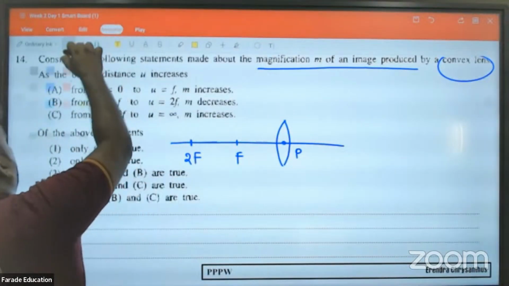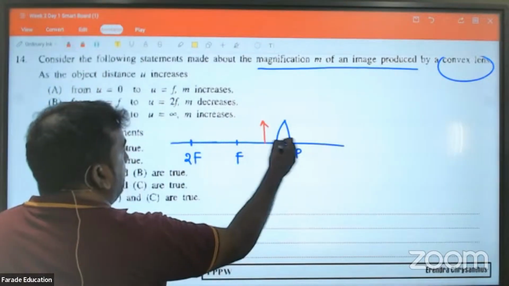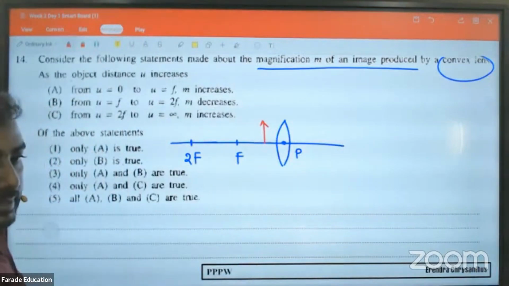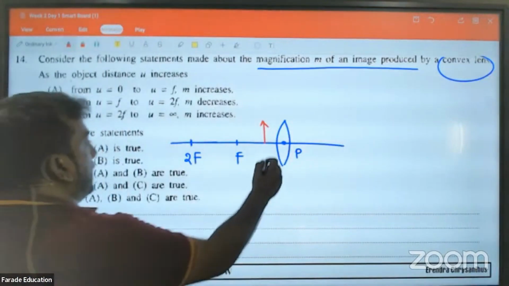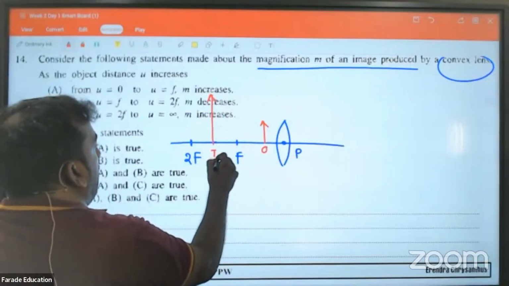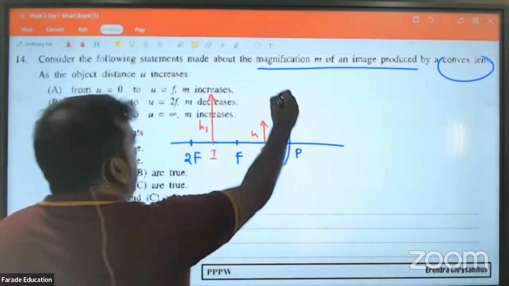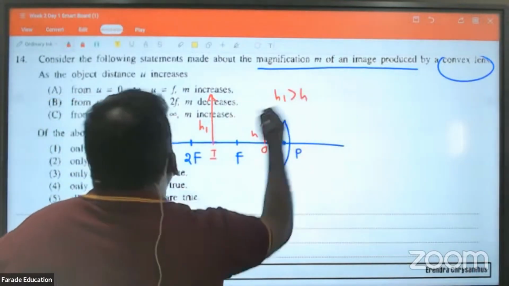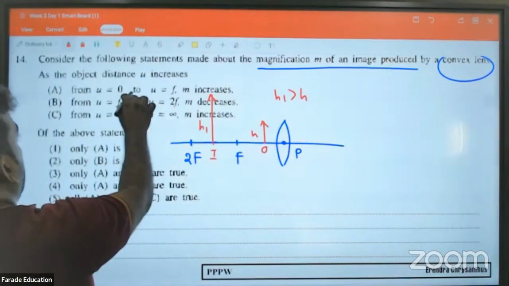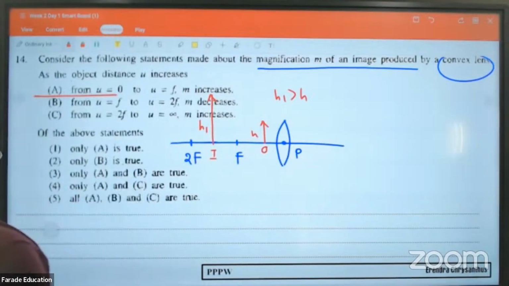If I keep an object between the optical center and the focal point, you will get a virtual, upright, magnified image. So guaranteed H1 is larger than H. From u equals 0 to u equals F, magnification increases. Look at the board now.